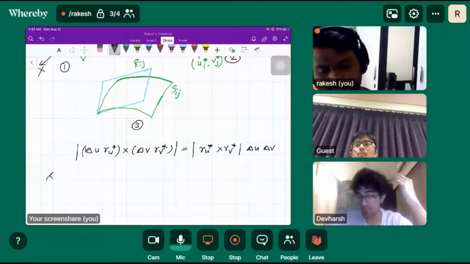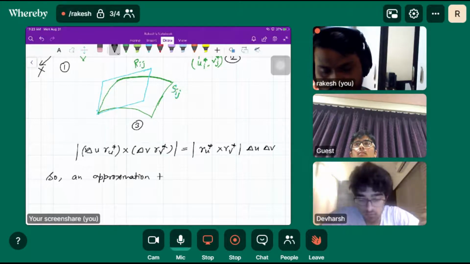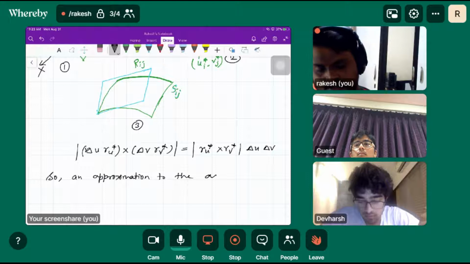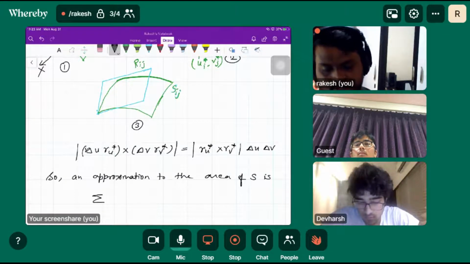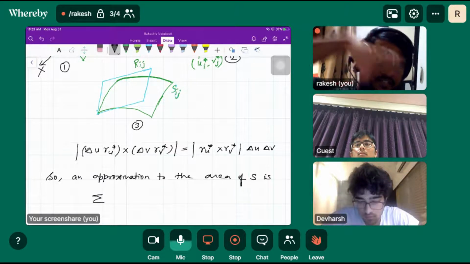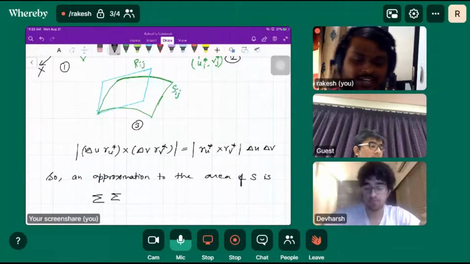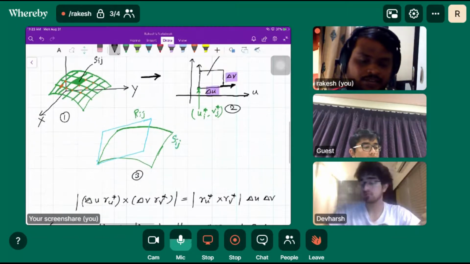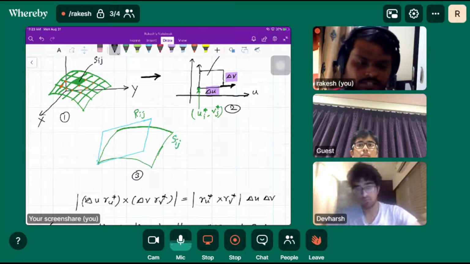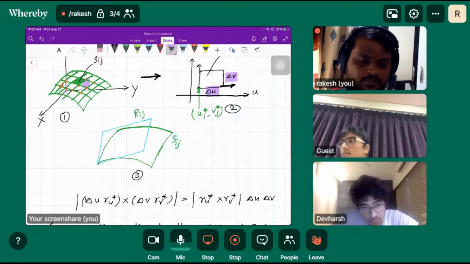So an approximation to the area of S is, we'll apply summation because this is a small part of the given surface. So we'll apply summation here to cover the entire small parallelogram, right?